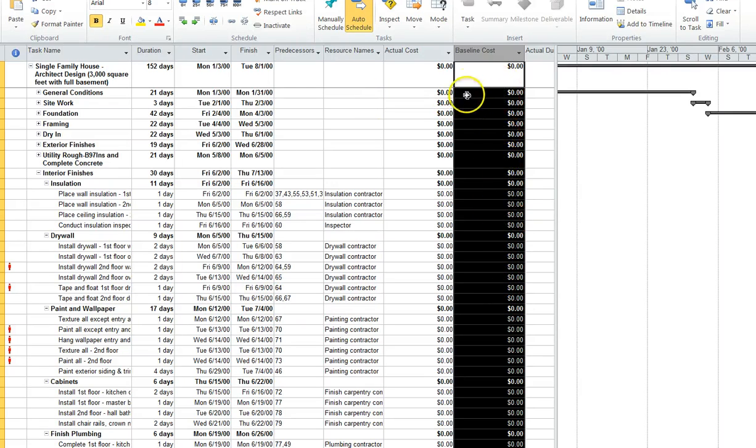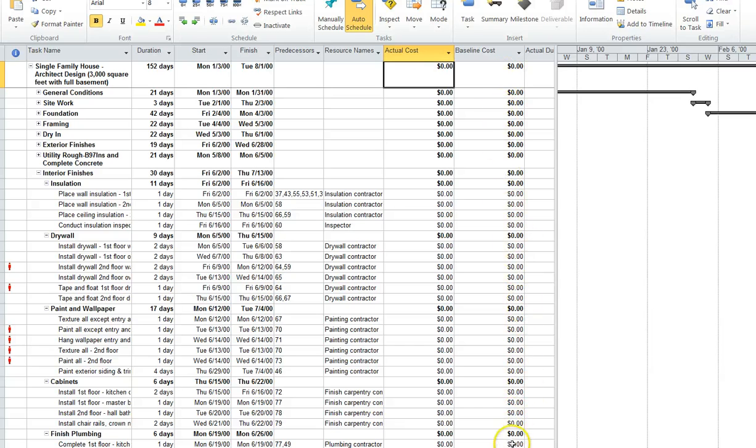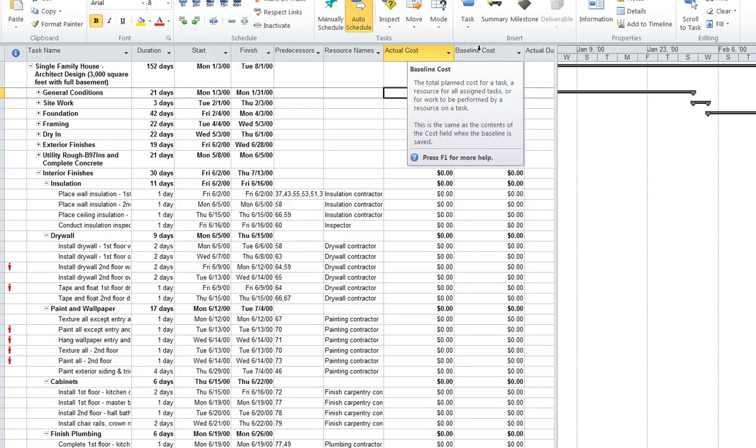It looks like 0 over here because I have not completed this, but I would have the baseline cost. And then I would look into the actual cost as to how much I have actually spent so far. This will help me find the cost variance from the cost baseline.